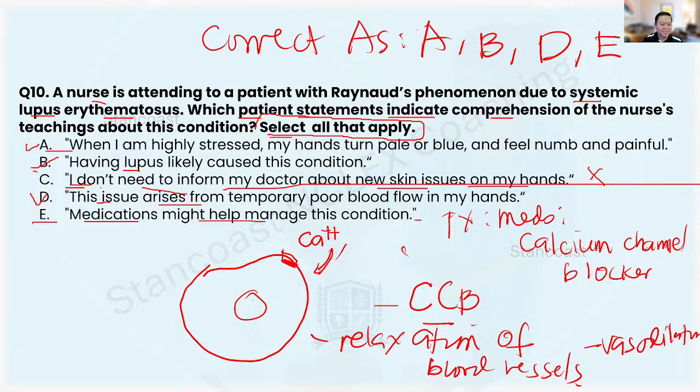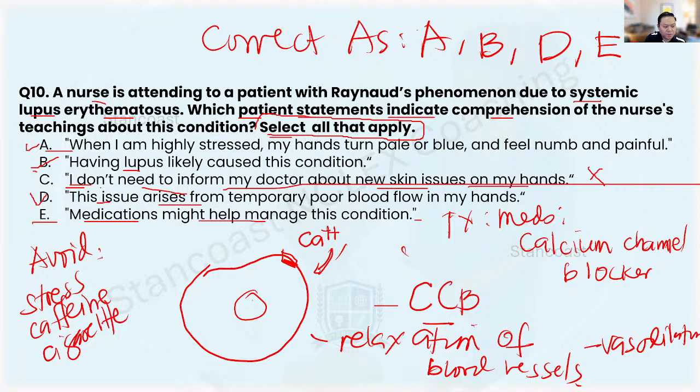All right. So let's recap. Avoid stress. Avoid caffeine. Avoid cigarette smoke or nicotine. All right, so those are the common stuff that we need to avoid. Avoid stress, avoid caffeine, avoid smoke, and avoid cold temperature.